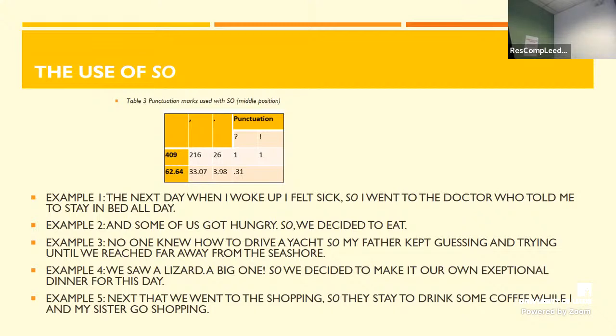There were some other punctuation marks, like a question mark and an exclamation mark, which we can say shows confusion for students. Why would they use such marks with "so"? And these are some examples of their use. We can say their use of "so" was mainly correct. They use it in the middle of the sentence.